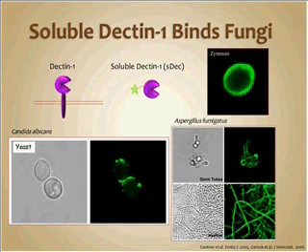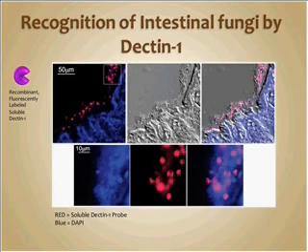And sure enough, when we stained mouse colon sections with this fluorescently tagged Dectin-1, we could find fungi all throughout the gut, interspersed, again, with all of the bacteria microflora there. All right, so Dectin-1, at least as an innate immune receptor, seems to be able to recognize the fungi that we see in the gut.